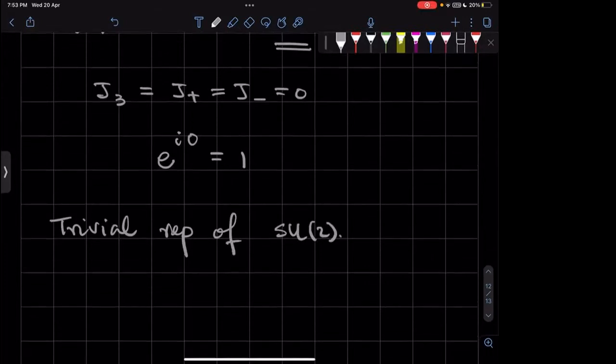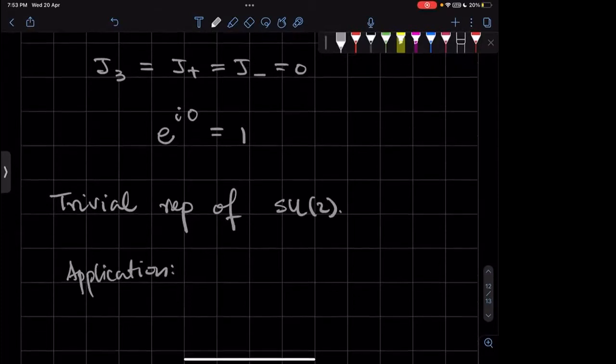So this has application in physics, in quantum mechanics.